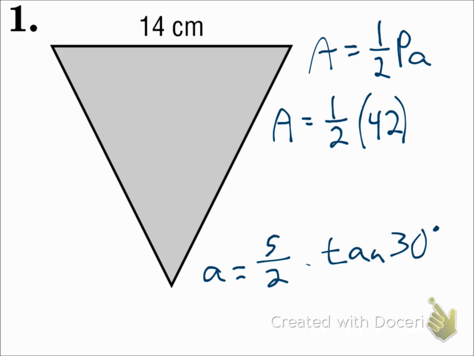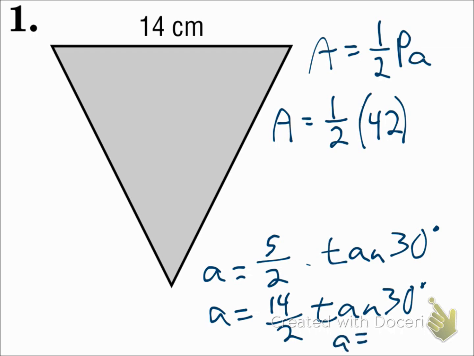A side length is 14. So 14 over 2 times the tangent of 30, which is about 4.04. So for the apothem, I'll put 4.04.